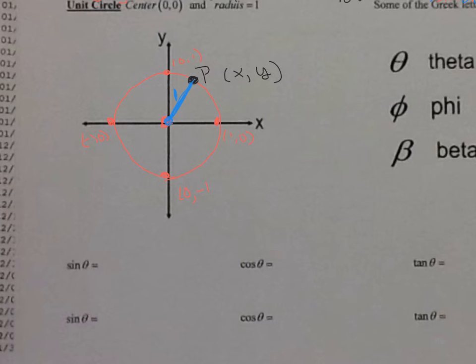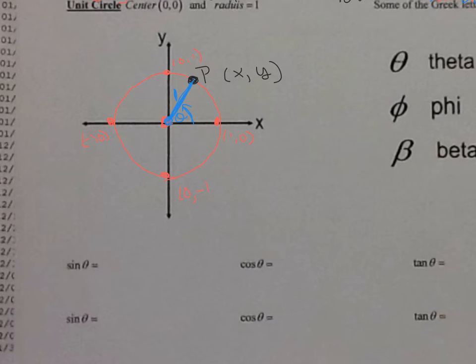All right, so now to figure out what that point is, what we want to do is, from the point P, drop the altitude down. Oh, and one other thing is that, remember yesterday we did angles in standard position. This angle here is an angle in standard position, and I'm going to call that angle theta.